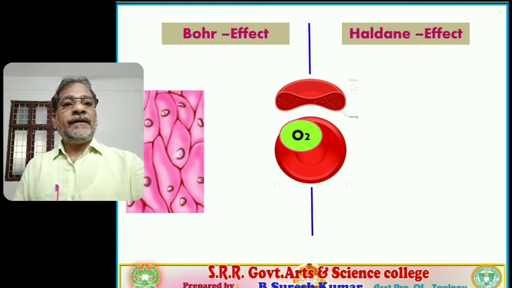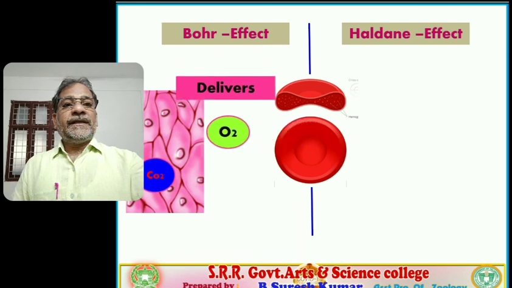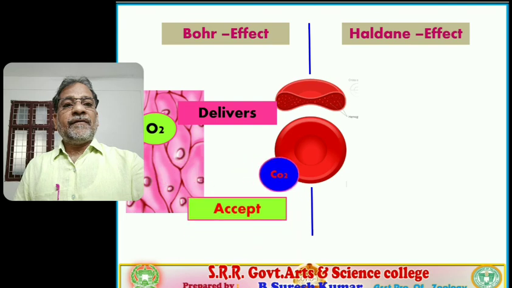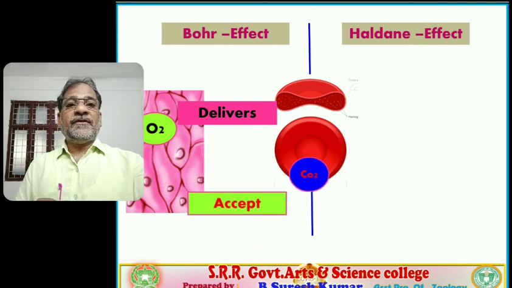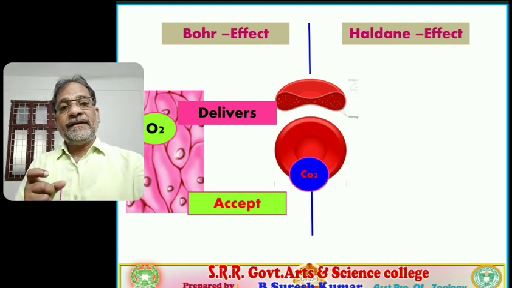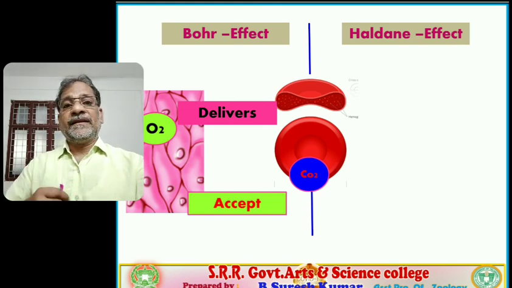Now what is happening? Oxygen is delivered to tissue and carbon dioxide is accepted by the hemoglobin. That is the change in the Bohr effect. So here the hemoglobin accepts the carbon dioxide and delivers the oxygen.